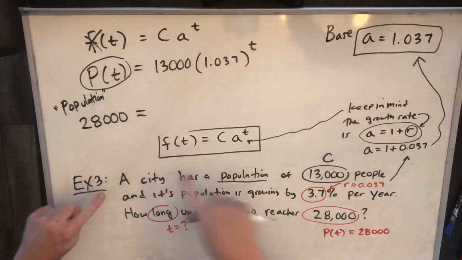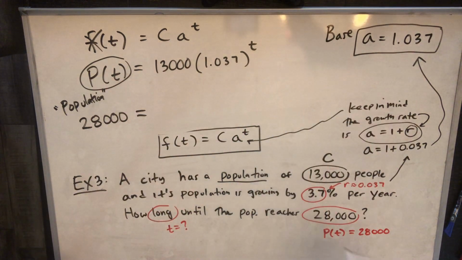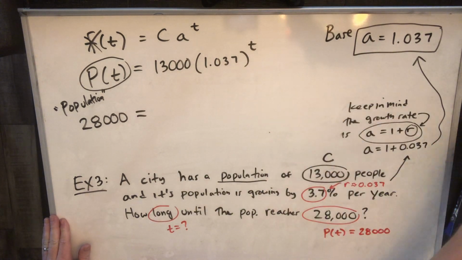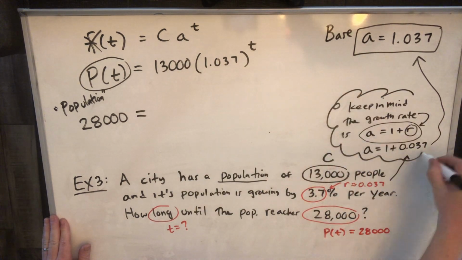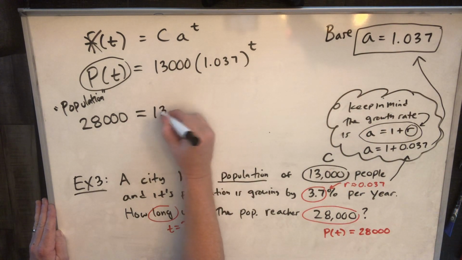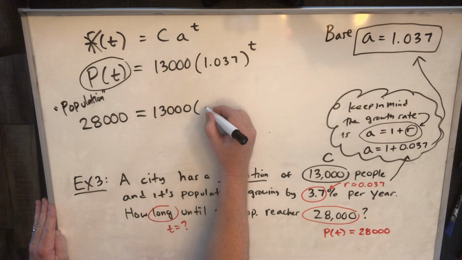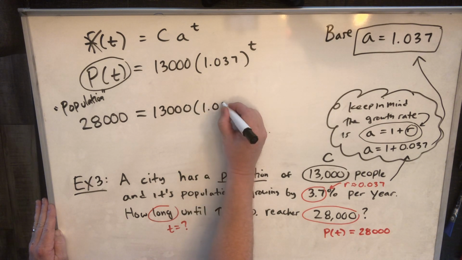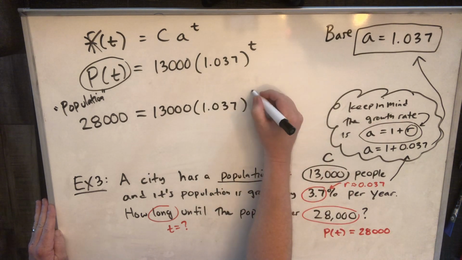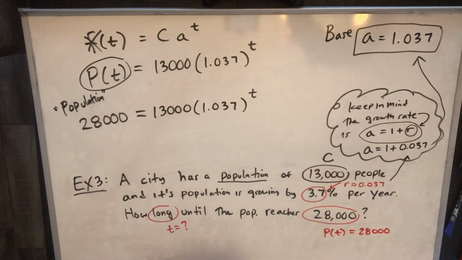This is like your y value, and the t is acting like your x value. All right, so we're going to solve this equation. Now this time we're not solving for r. We already know r. This time we're solving for t, so we're going to need to use logarithms.